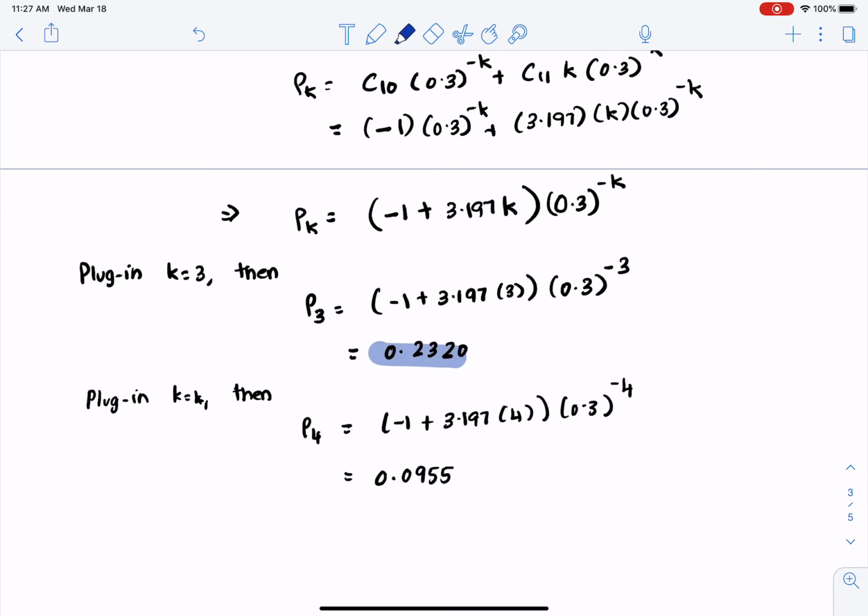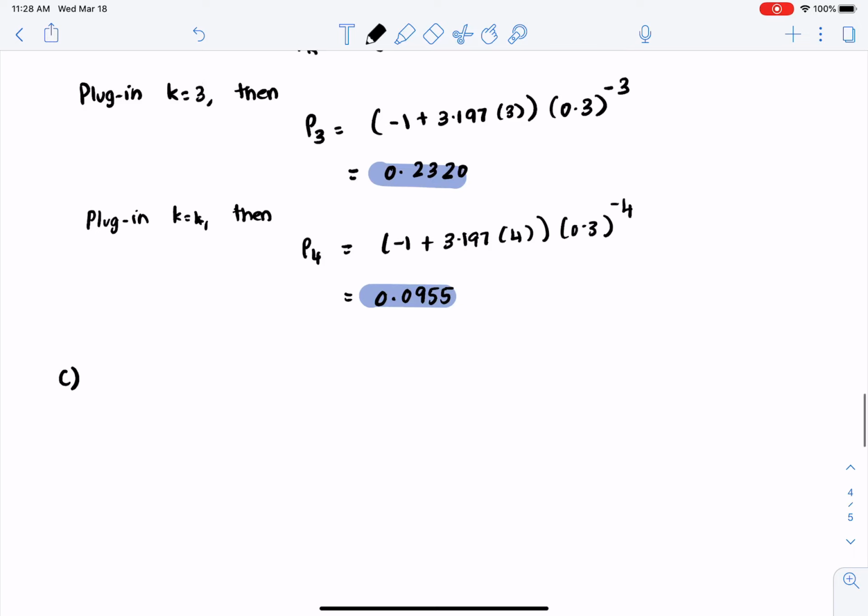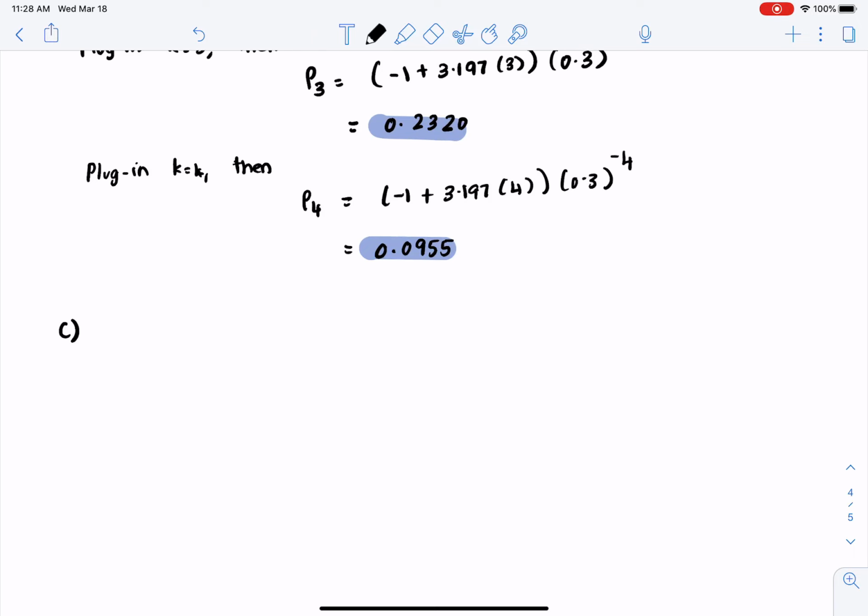So we started at 0.2320 for k equals 3, and it becomes 0.0955. If you plug in k equals 5, 6, and so forth, those values would decrease as k increases. And lastly, part C wants us to find the noise variance.